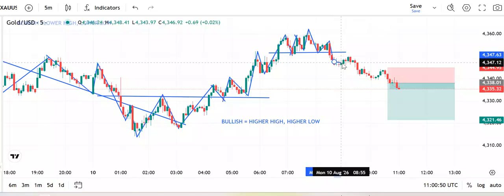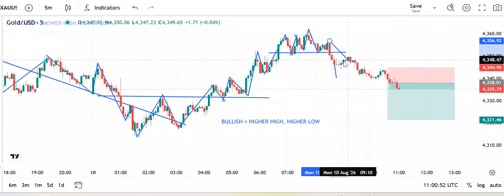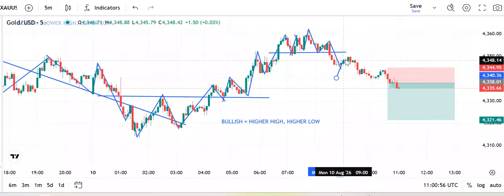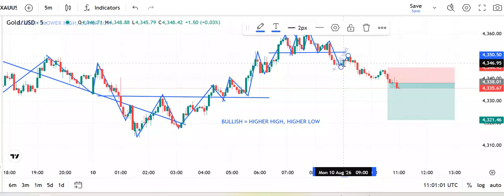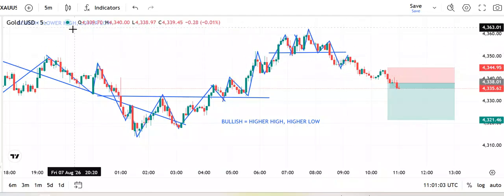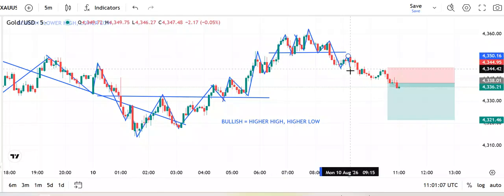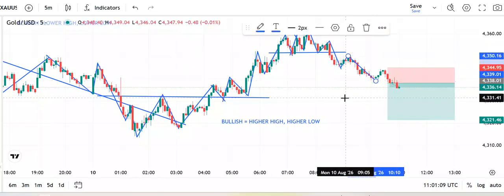And then at this point, you have price forming lower low here. Then you have price giving us lower high at this point. Then you have lower low, price forming lower low here.